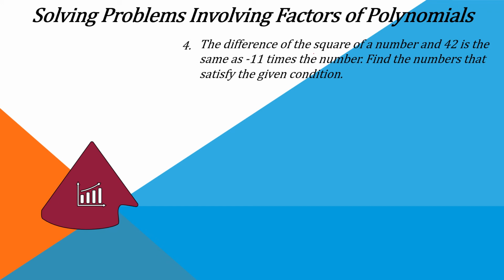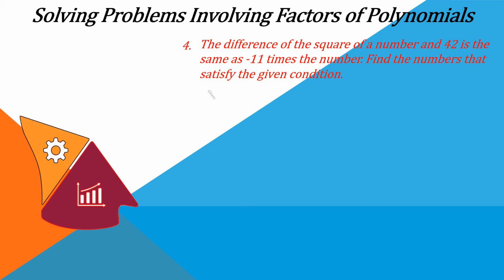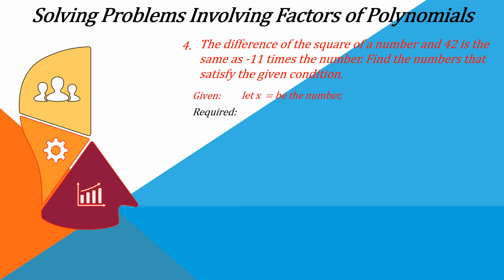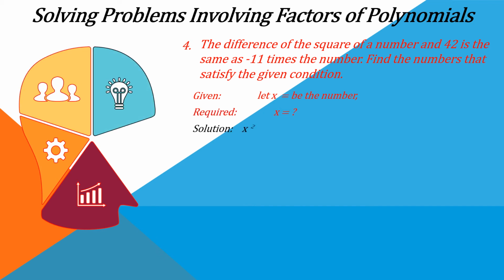Given: let x be the number, and required is to find the value of x. Solution: we need to write the condition wherein the square of a number, x squared, minus 42, is equal to negative 11 multiplied by the number.